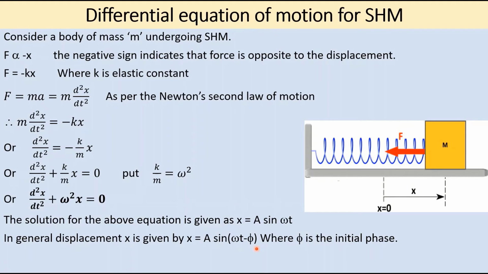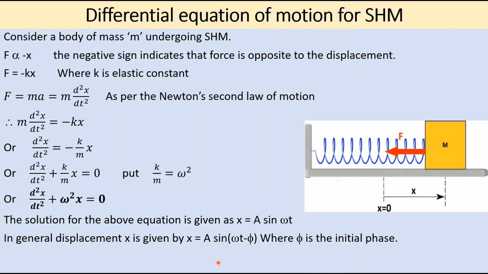Here x represents the displacement. If the body starts oscillating from a position other than the mean position, then there will be some initial phase.